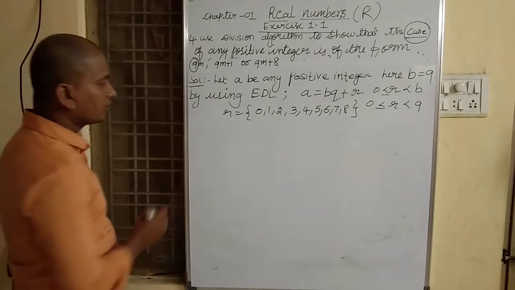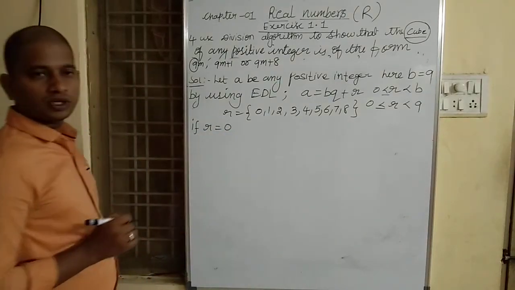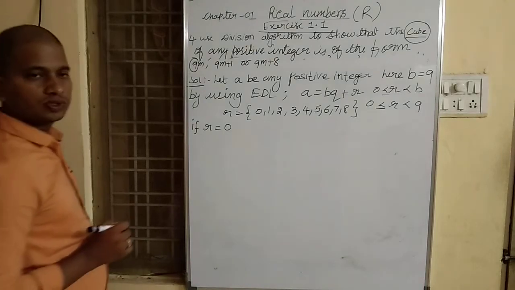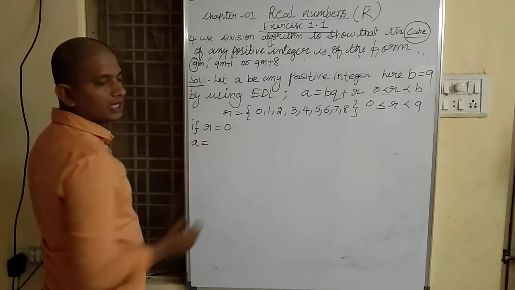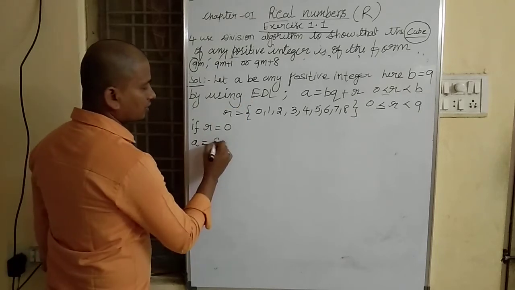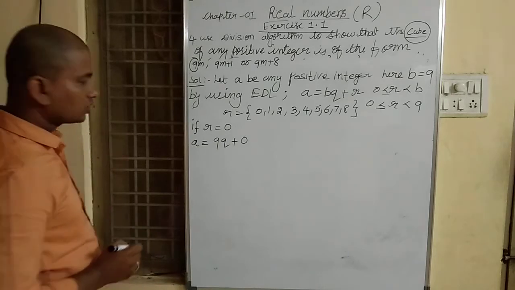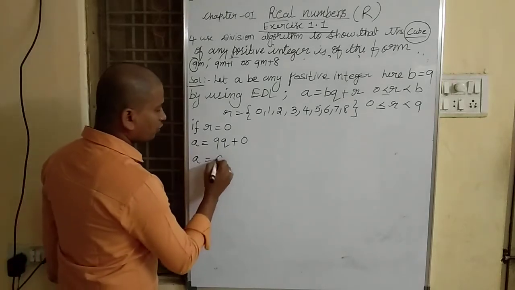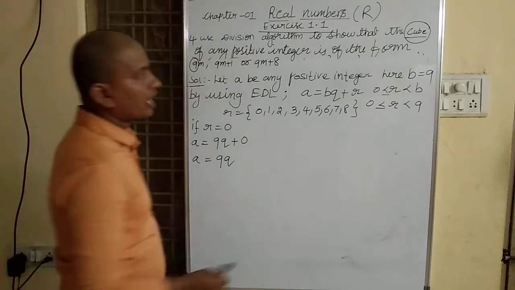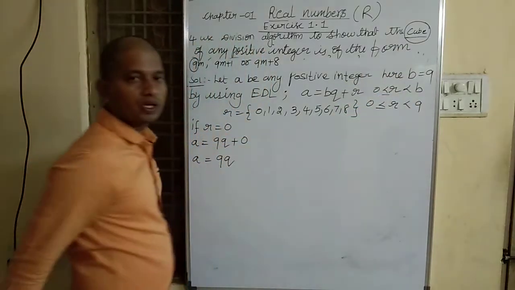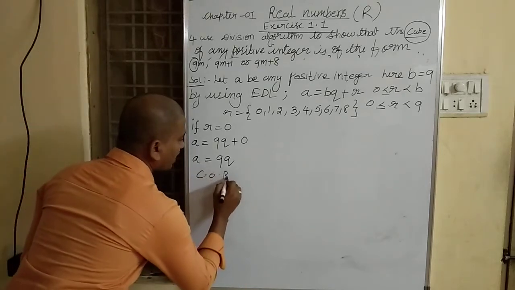So first one, if r is equal to 0. What is EDL? a equal to bq plus r. b value is 9q plus r value is 0. So 9q plus 0 is 9q. But according to the question, we have to find the cube of any positive integer. So let me do cubing on both sides.